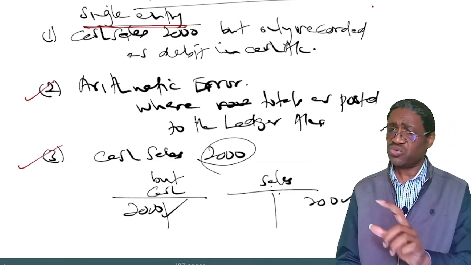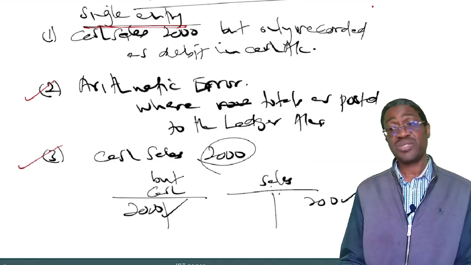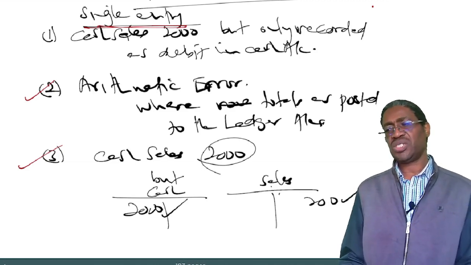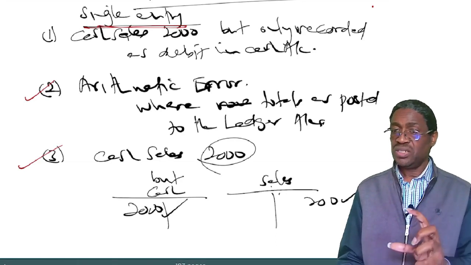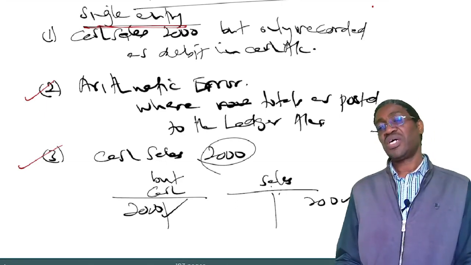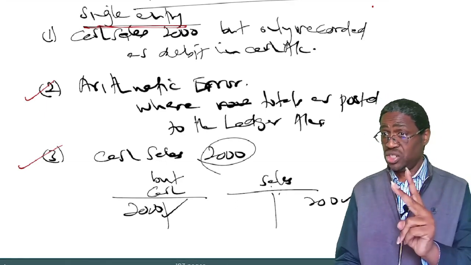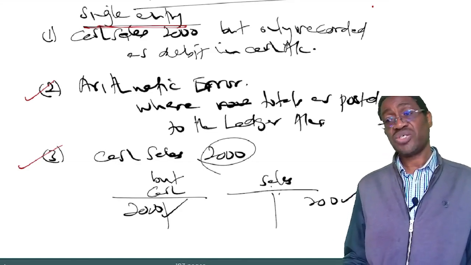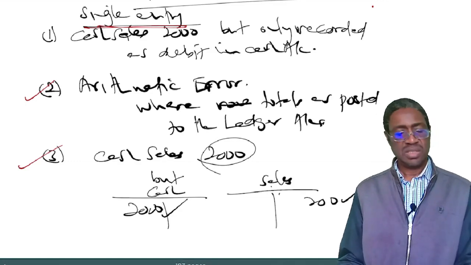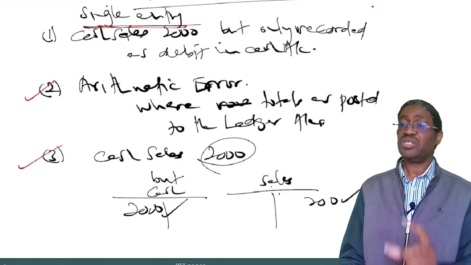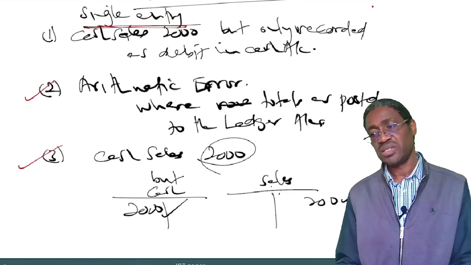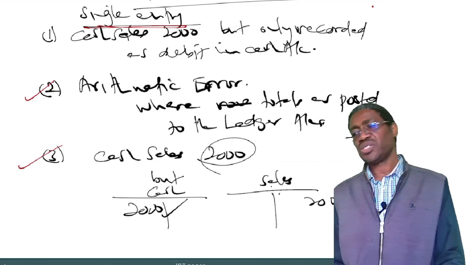E.g. cash sales of shillings 2,000 recorded in the cash account as shillings 2,000, but in the sales account as shillings 200.